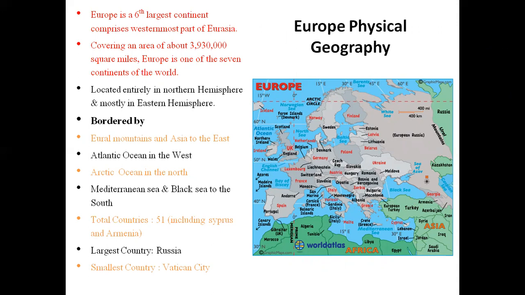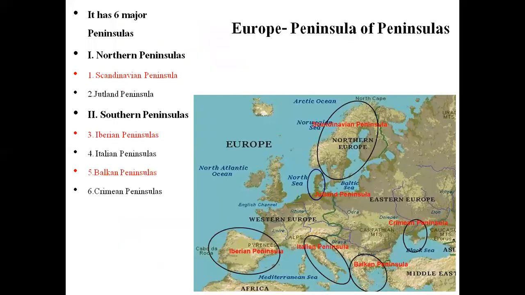On one side, the eastern side, we have the Ural mountains, which is the land side. The piece of land which is covered by water on three sides and land on one side, we call a peninsula. So the Europe continent itself is a peninsula, and this peninsula has given birth to a few peninsulas.